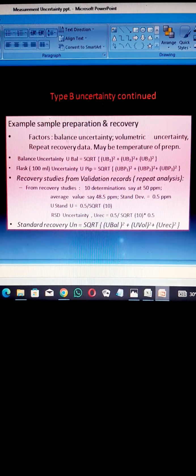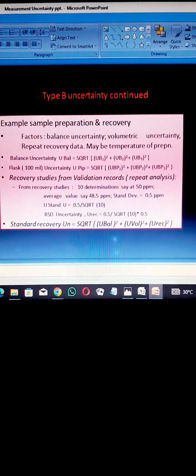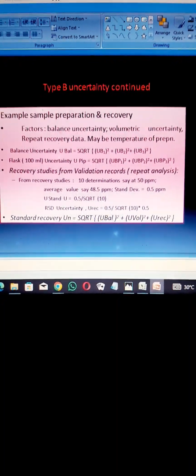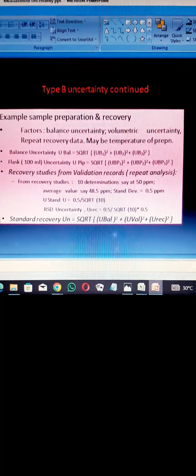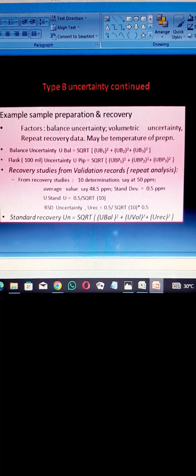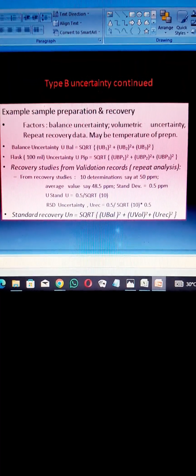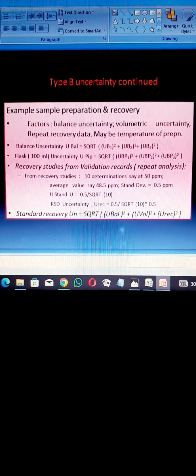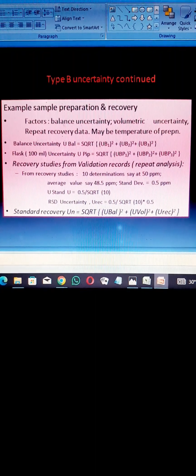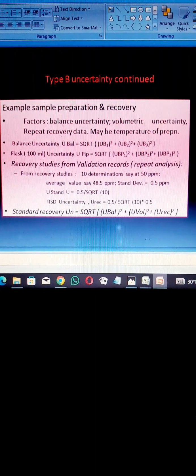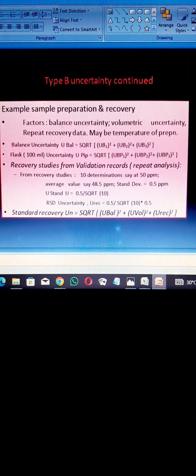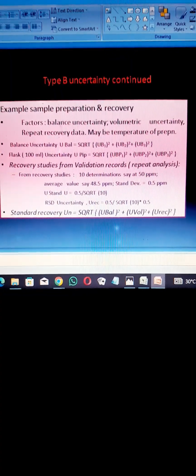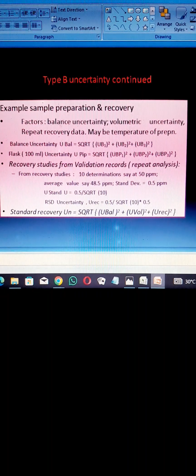And examples of sample preparation and recovery. What are the factors used? Balance uncertainty, volumetric flask uncertainty, uncertainty due to the repeated recovery data, and maybe temperature also. The balance uncertainty U balance is the square root of all the components, and the same for the flask. From the recovery studies for validation data, which will come from repeated analysis for recovery, say 10 determinations at 50 ppm, we have to calculate the average value.